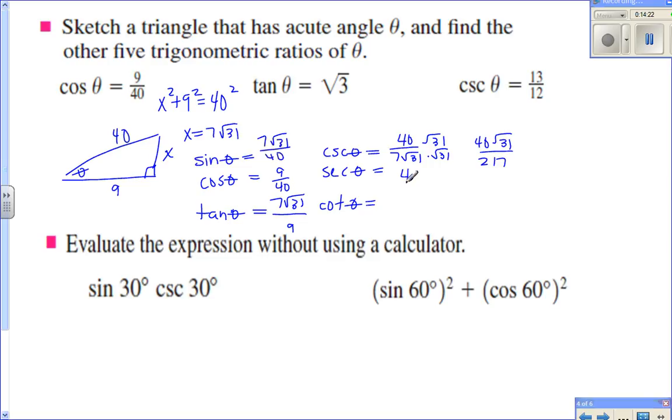Secant would just be 40 over 9. And then here we would have 9 over 7 times the square root of 31. So again, you have to take that times the square root of 31. And we would have 9 times the square root of 31 over, again, 7 times square root of 31, or 7 times 31, which is 217. So those would be our trig functions.